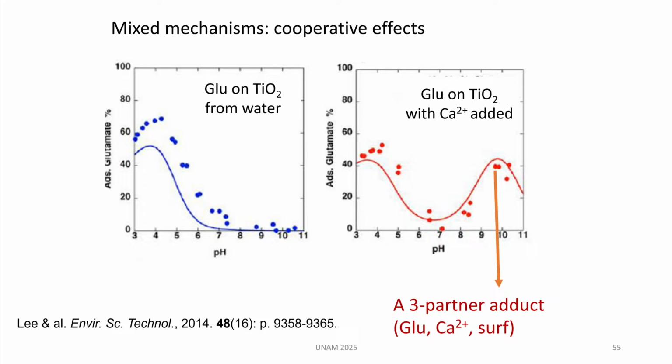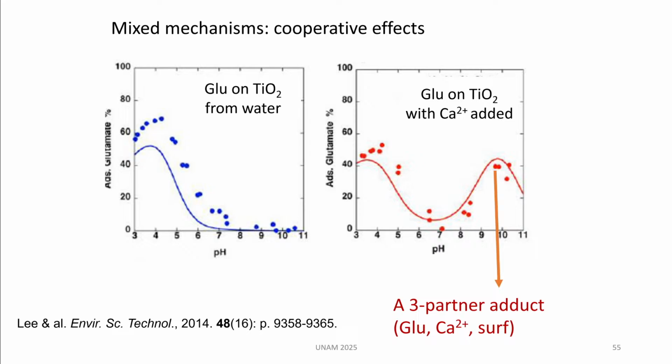It starts almost in the same way, but above pH 7, we have, again, an upshoot in the adsorption. What happens there that was not possible without calcium? Most probably it was the formation of a three-partner adduct. You have a negative surface, you have positive calcium, it will go into the Stern layer, making a specific bond with the surface, and the calcium will be able to make a coordinative bond with a glutamate.